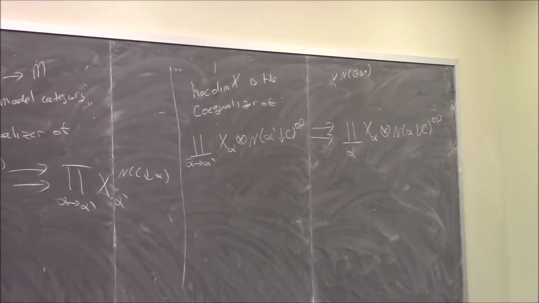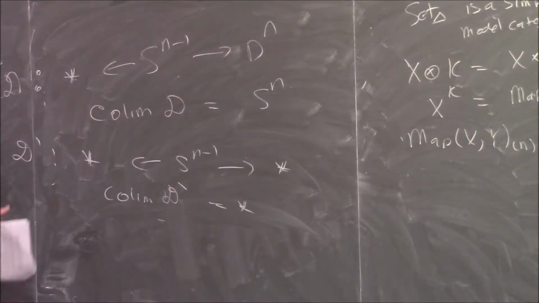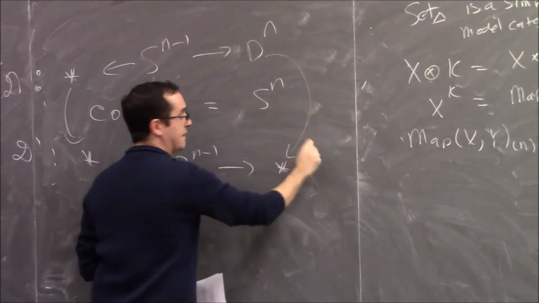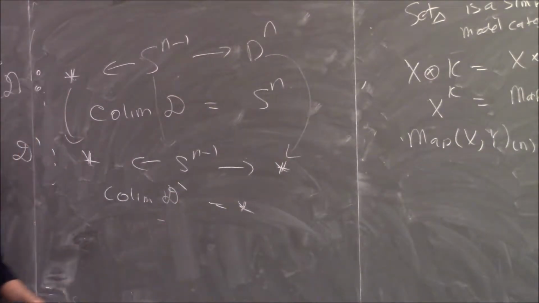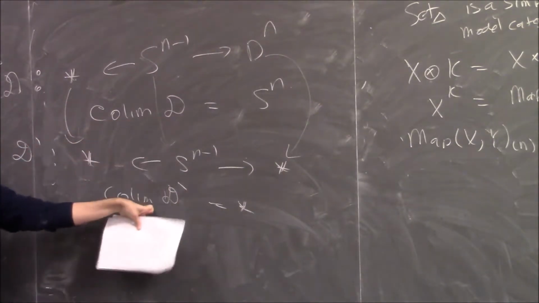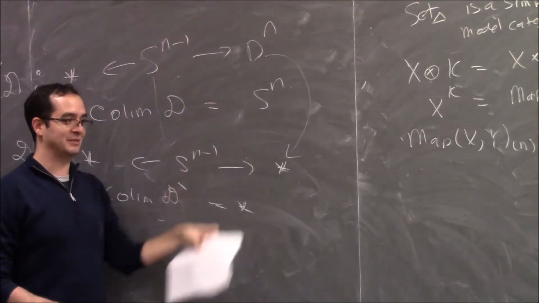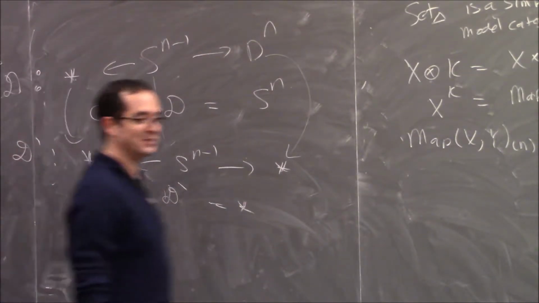This is a regular colimit, not homotopy. Regular colimit, yes. And that's just the point. But D^n is contractible, so we have equivalences here. And so we have a map from the colimit of this diagram to the colimit of this diagram, but it's not a weak equivalence. Right, clearly. Otherwise, a lot of jobs would go away.